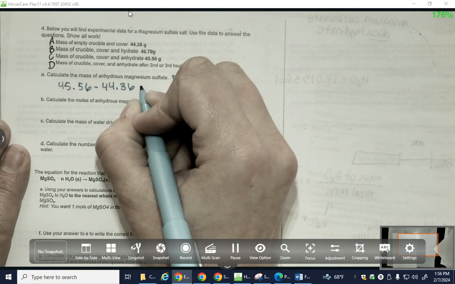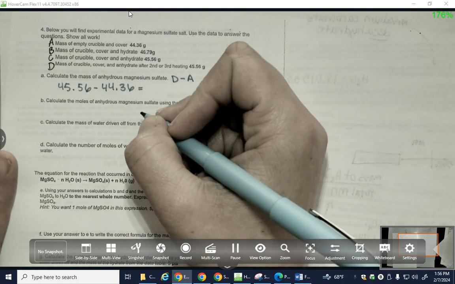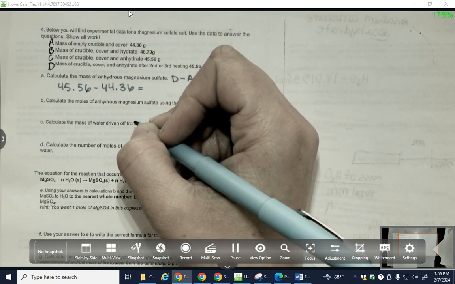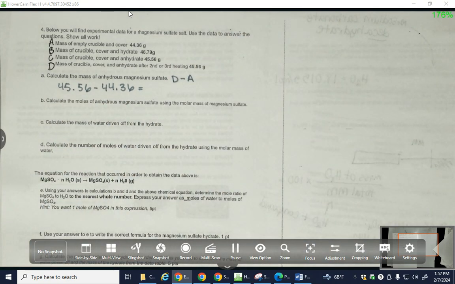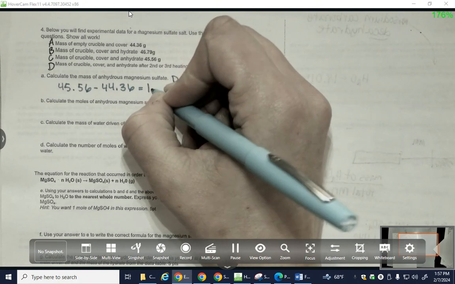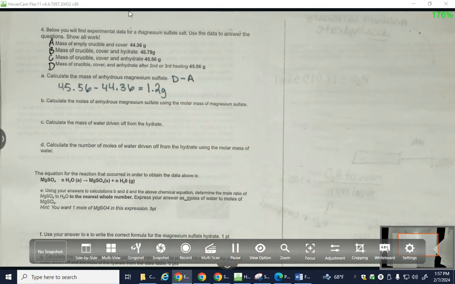So it's in your best interest to copy this down or at least watch very intently so that you know what you're going to do on your lab. All right, so I'm going to subtract those two. And we're going to get 1.2 grams, okay?